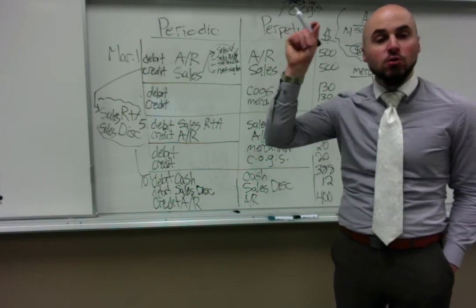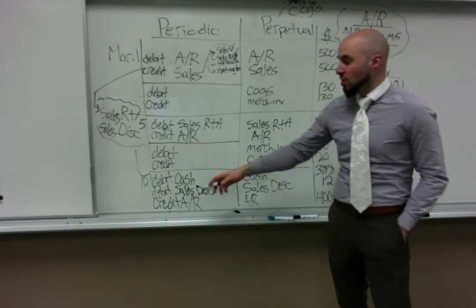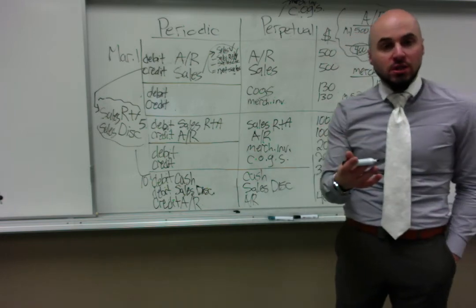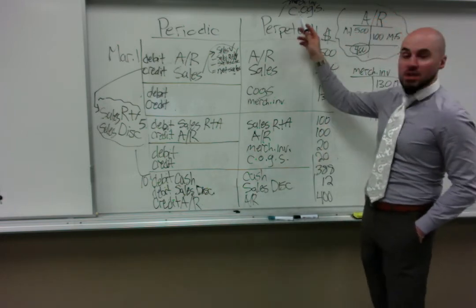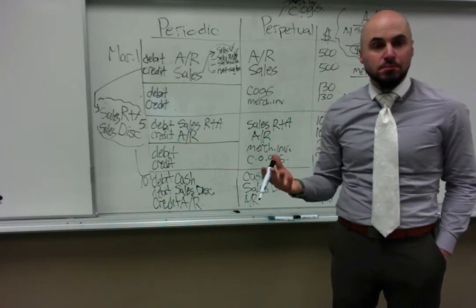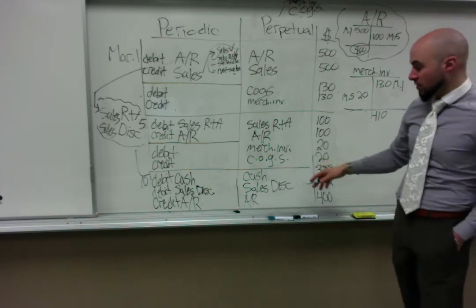We have to explain why sales has decreased if no return has been made, such as when there's a sales discount. And when there's a sales discount, just like with COGS, merchandise inventory doesn't get affected here.